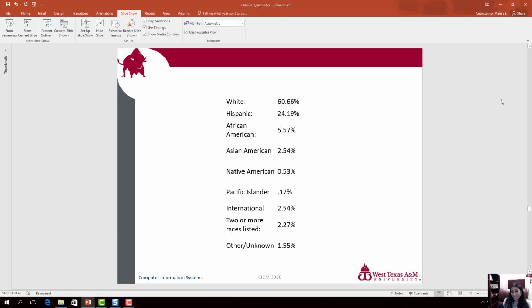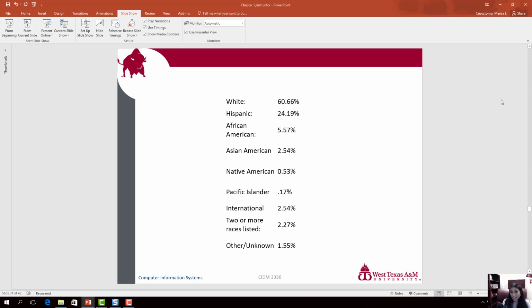If I was really interested in students' views on diversity on campus, and I really wanted to make sure that every single ethnicity was represented in my sample, I can't just take a simple random sample, because what are the chances that I would get a Pacific Islander in my sample? It's going to be very low.